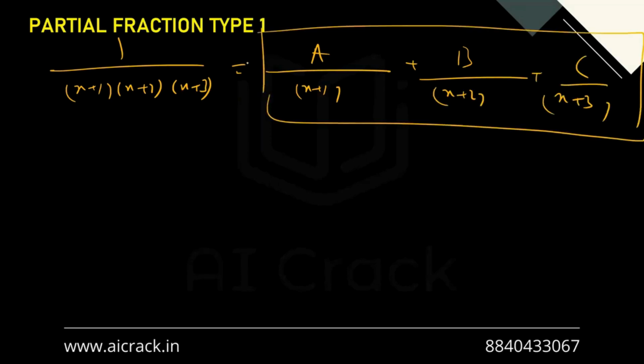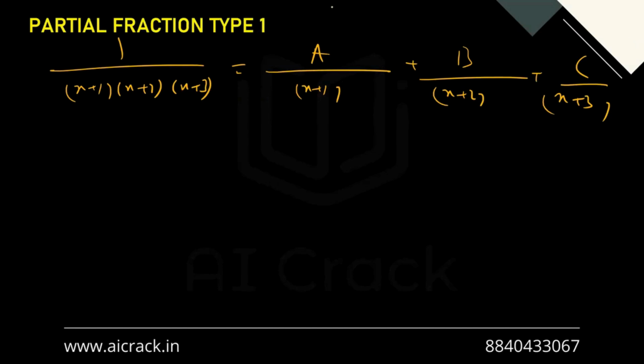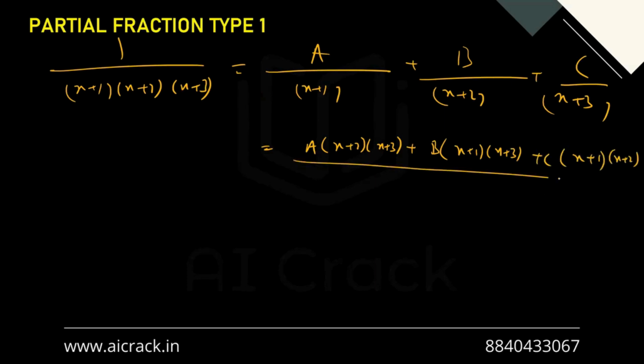Now, how do we find the values of a, b, and c? Let's take the LCM over here. We get a times x plus 2, x plus 3, plus b times x plus 1, x plus 3, plus c times x plus 1, x plus 2, divided by x plus 1, x plus 2 and x plus 3.